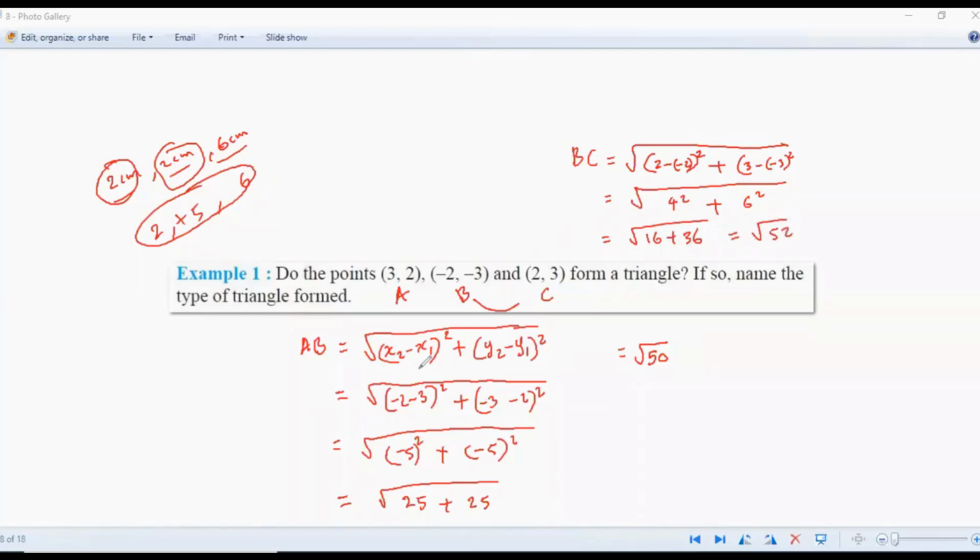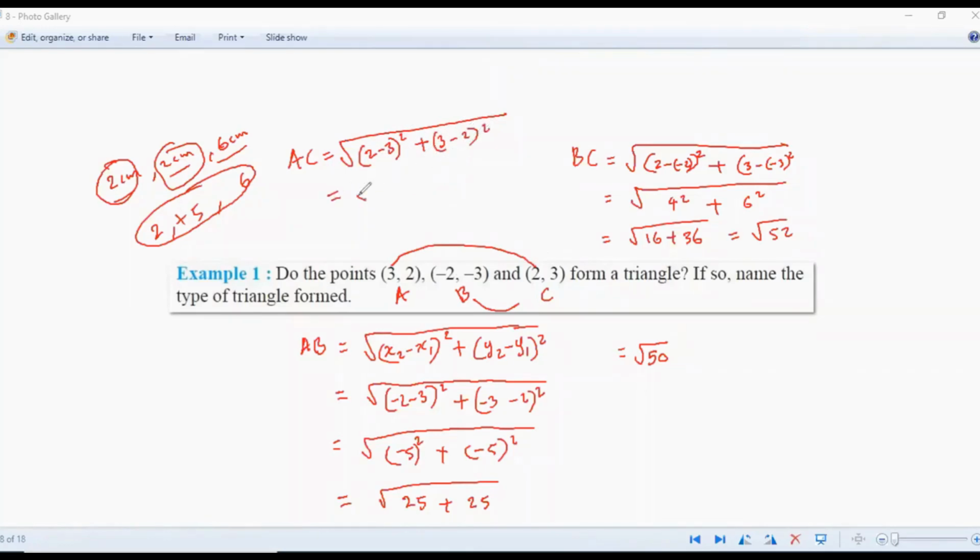And the third length is AC. How will AC come? Square root of, first you take the difference of the x coordinates: (2 minus 3) square plus (3 minus 2) square.